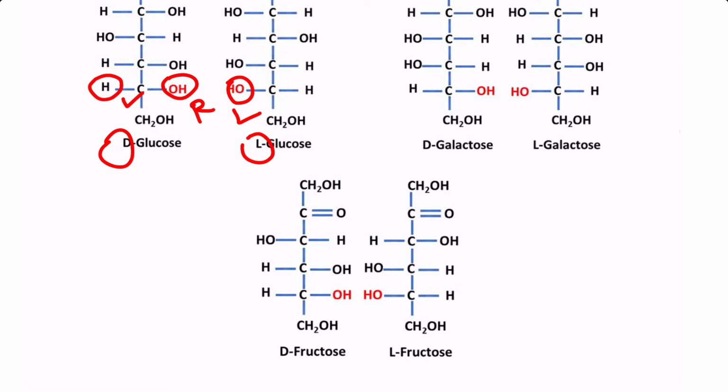So we can see in D-glucose, in D-galactose, in D-fructose, this OH group is in the right side. Whereas in L-glucose, in L-galactose and in L-fructose, the OH group is in the left side.